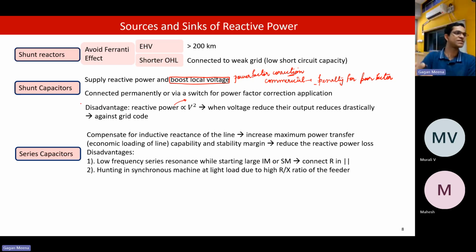The main purpose of a series capacitor is to increase the power transfer capability for enhancing the stability limits, because we know this P-delta curve.